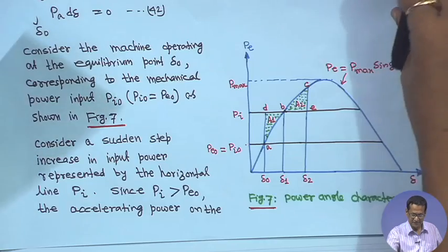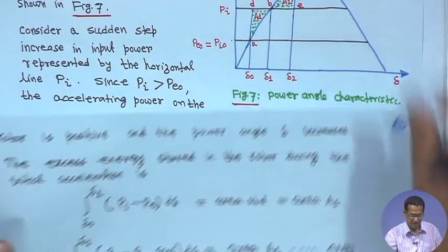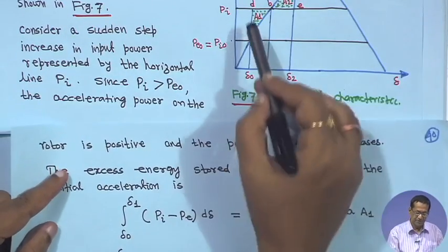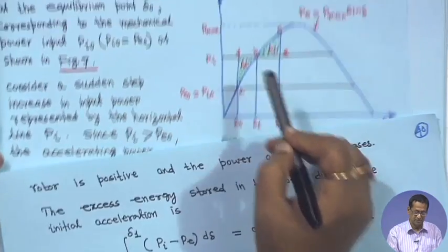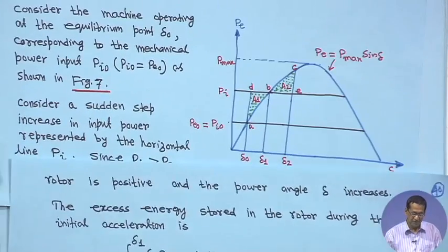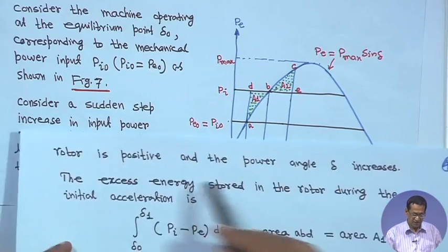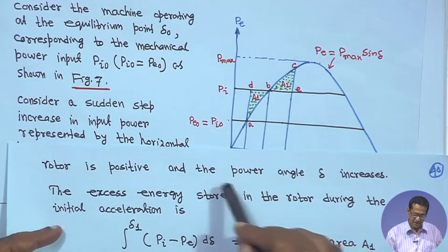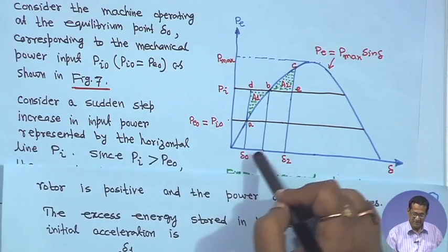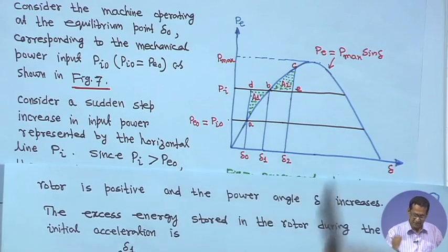As soon as Pi is greater than P0, the accelerating power on the rotor is positive, and the power angle δ increases, because δ now will increase.